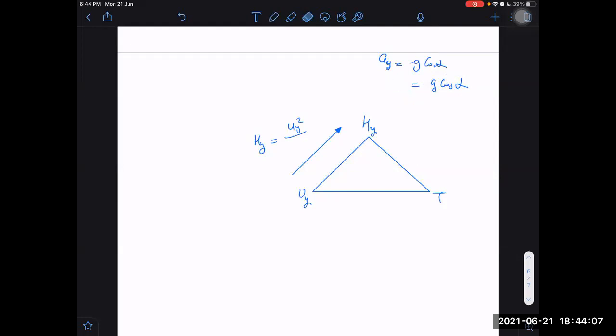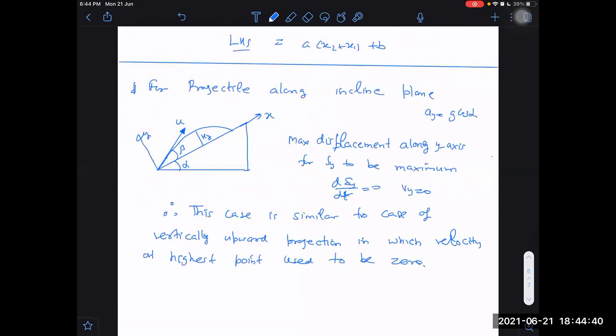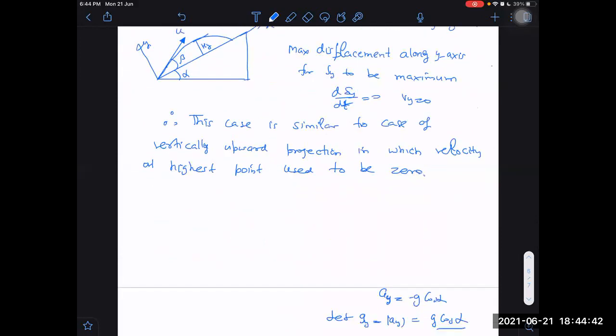Then, what is the relation? Uy will be equal to root 2 into gy into hy. Is it okay? Yes, sir. Right.